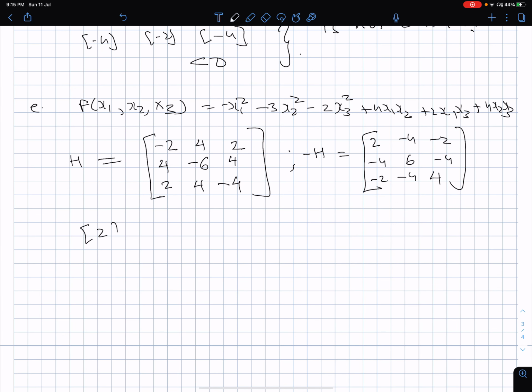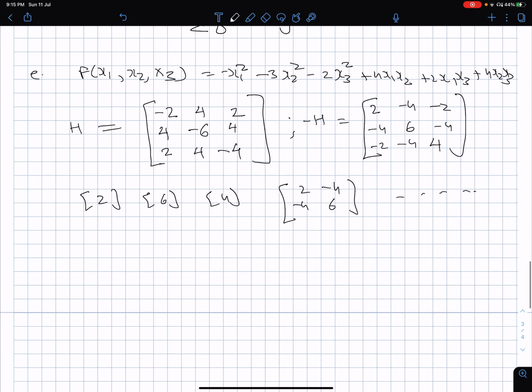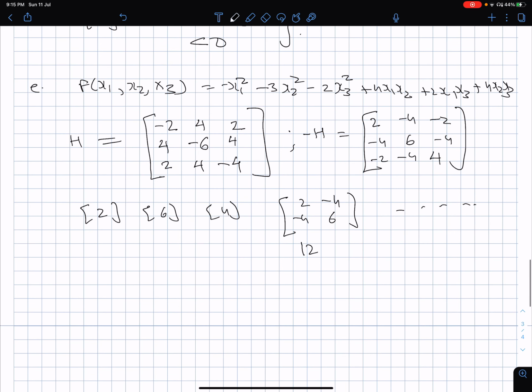So the principal submatrices are going to be 2, 6, 4 for 1 by 1, then 2, 6, minus 4 and minus 4 and some more of it. But again I see here that 2, 6 are 12, determinant is 12 minus 16, which is less than 0.